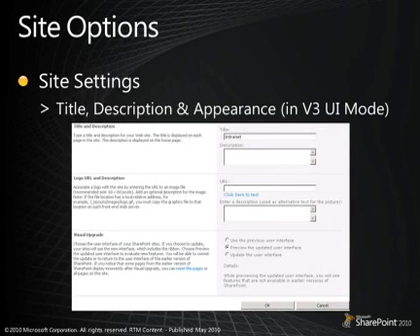If the new user experience has not been applied to the site, you can see visual upgrade options from the title, description and appearance site setting page. If you have upgraded your 2007 environment to 2010, this is the default situation, meaning that you would be using the old experience until you explicitly decide to change it. There's also a preview option available, which means that you can see how the site would look in 2010 user experience, but you can still change the user experience back to 2007.